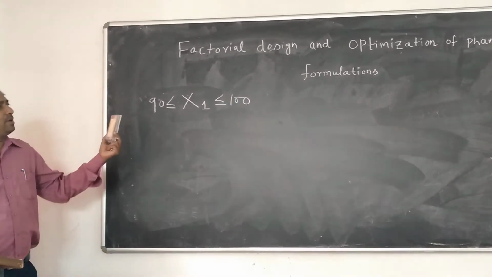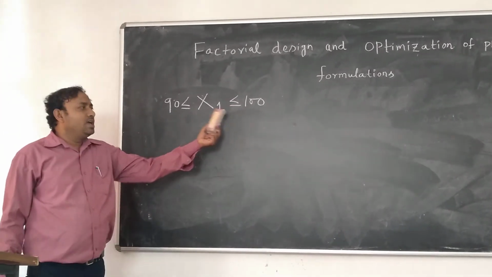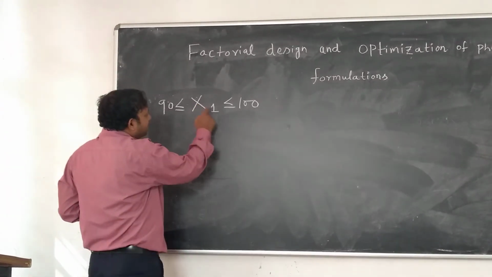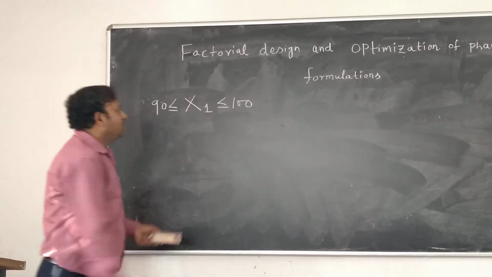The software gives the restricted zone of the x1 factor, which means x1 should be restricted between 90 mg and 100 mg.